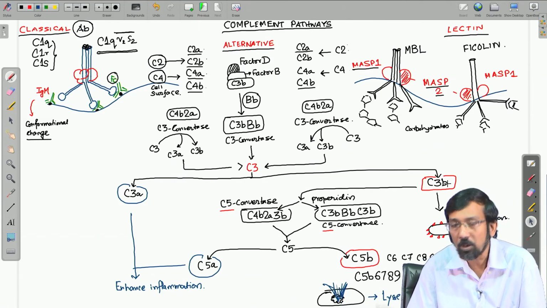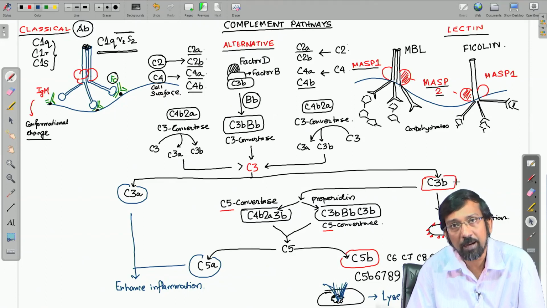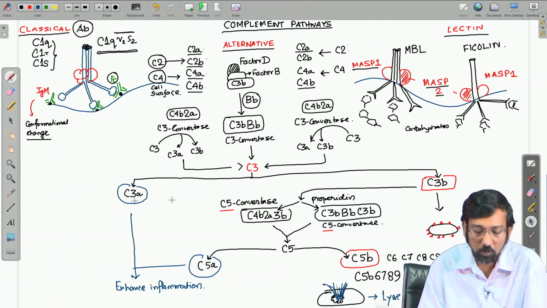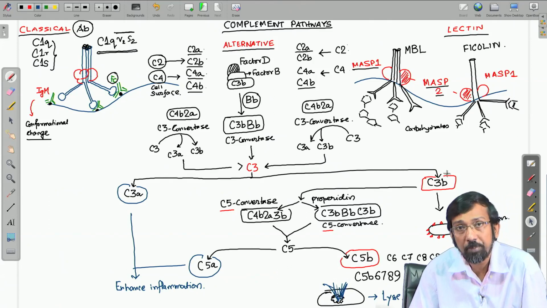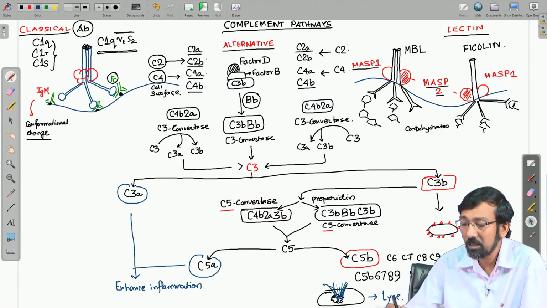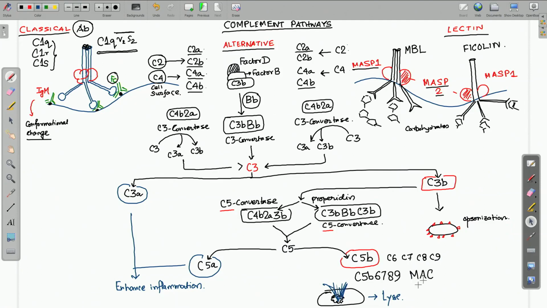Now, you see the b products, I have marked them in red, and the a products I have marked them in blue. Why? Because the b products, either the C3b or the C5b, are effective in two pathways, that is the lysis and the opsonization. What this C3b can do is, C3b can have two different functions.